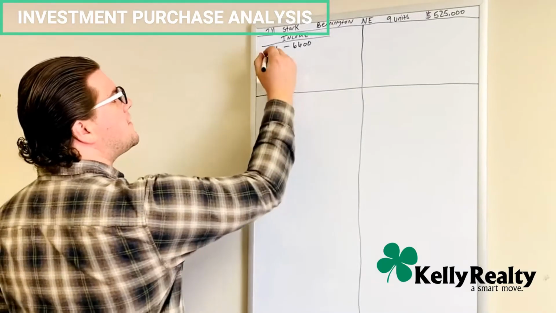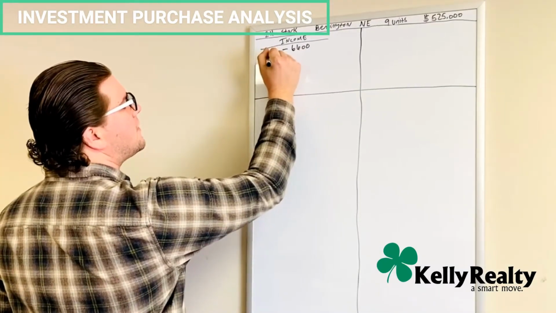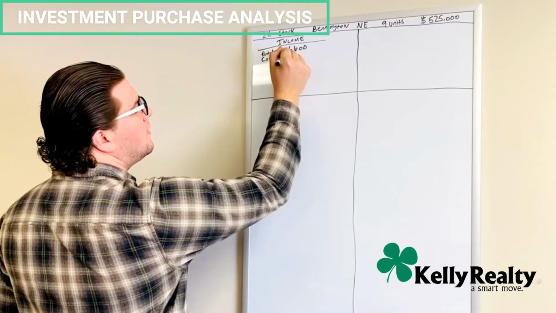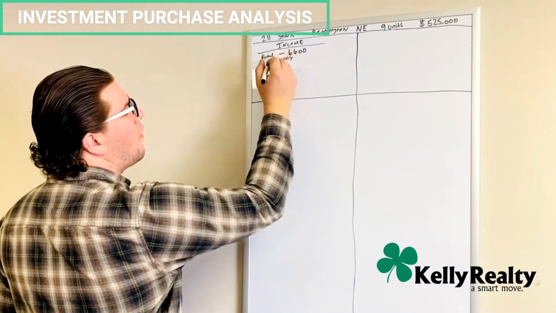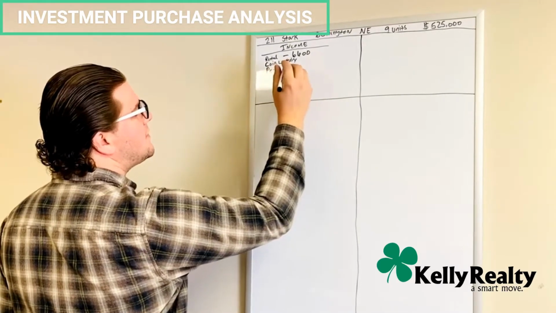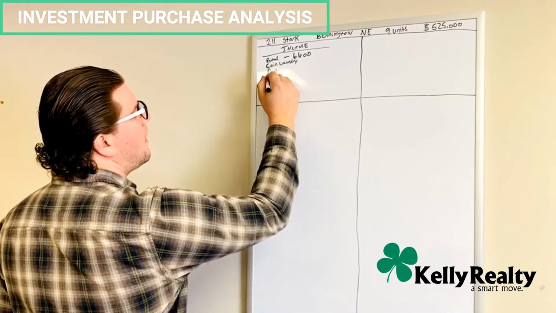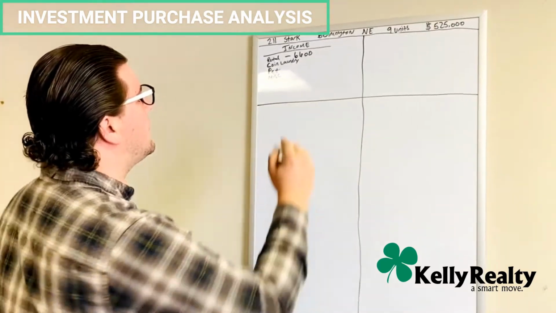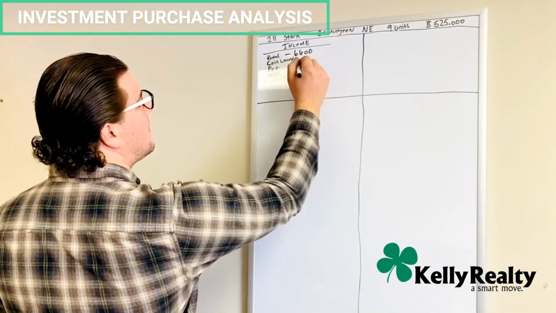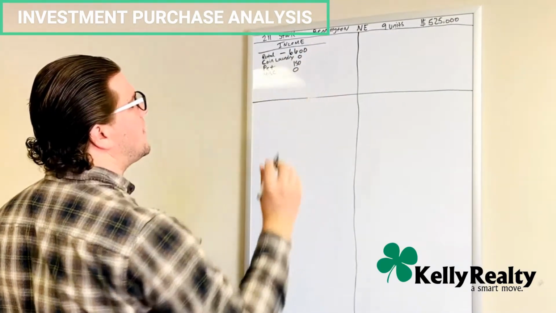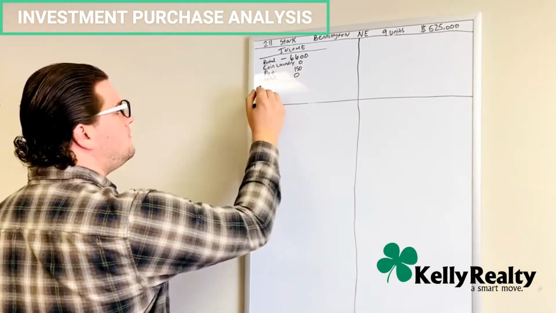There are other income types that you could get, like coin laundry, pet leases, and miscellaneous rents. But there is no coin laundry for this property. The pet income is $150 a month, and there are no miscellaneous other incomes.